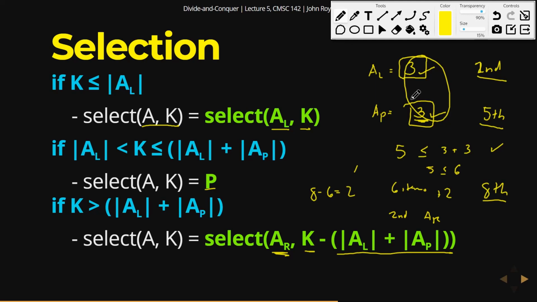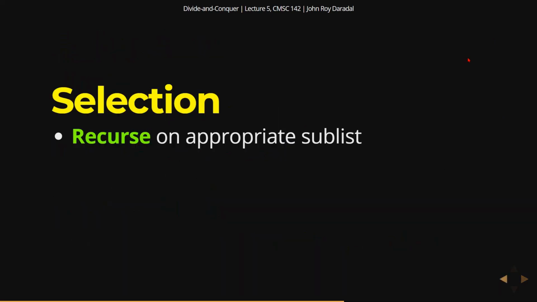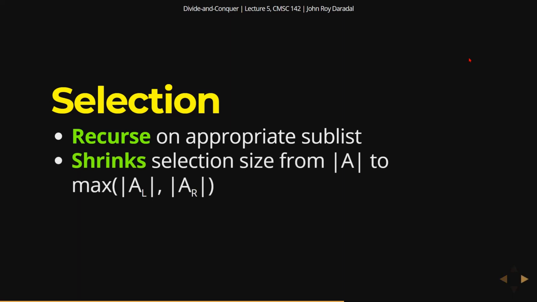So that would be the rank of the item that you'll select in A sub R. So that is how we will recurse for our selection problem. After that, we will recurse on the appropriate sublist and then do it again. We will shrink the selection. What we're doing basically is shrinking the selection size from the length of A to the maximum of A sub L or A sub R, so whichever is bigger, right?